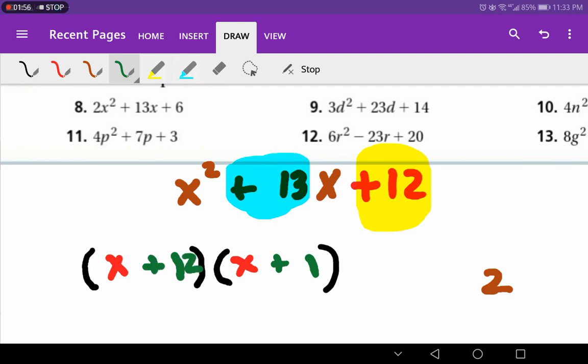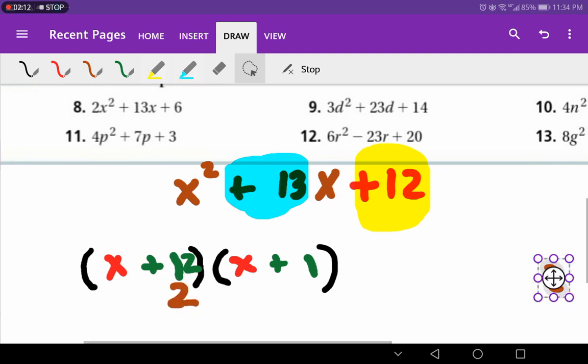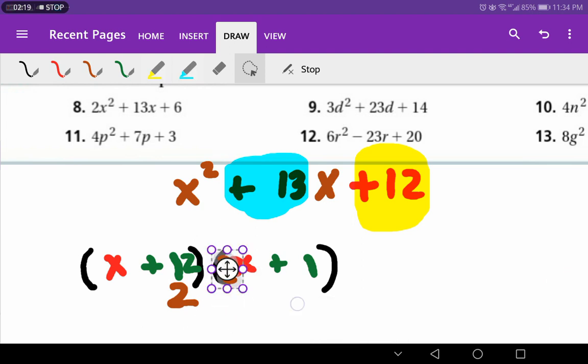Now what about this? I do 2 copy every time. Okay, 1 copy, I put it under one number here or here, but it is better to put it under the 12 because 12 divided by 2 equals 6, and because of that I have to go to the other side here and put it in front of the x.